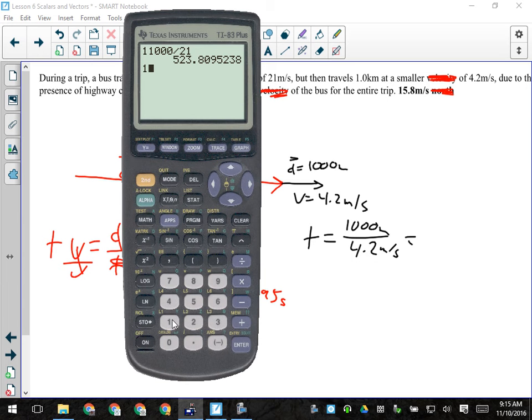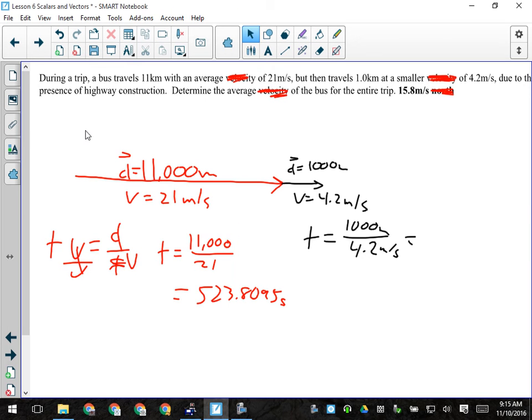So 1,000 divided by 4.2 gives us 238.095. Again, I'm not rounding off, and I'm not writing them all down just to save time, but they're all there.